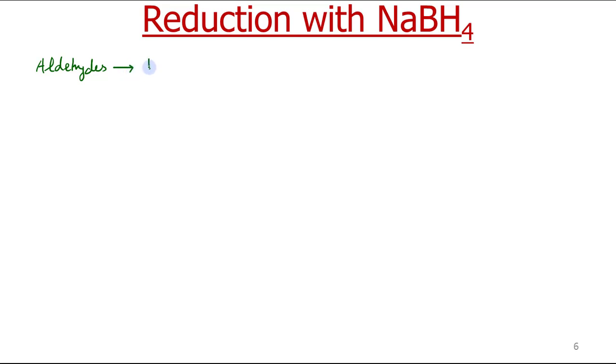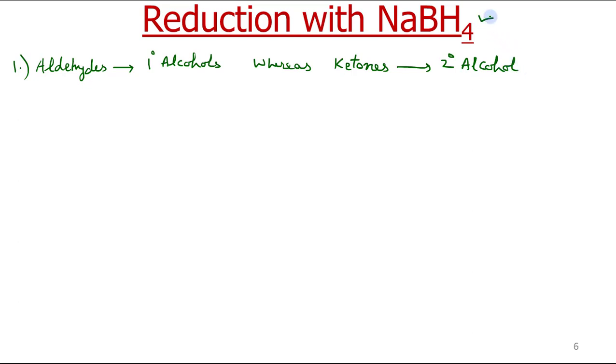This is the first point: aldehydes produce primary alcohols, whereas ketones give you secondary alcohols on reduction with NaBH4.